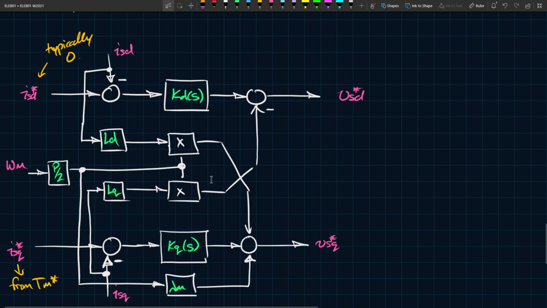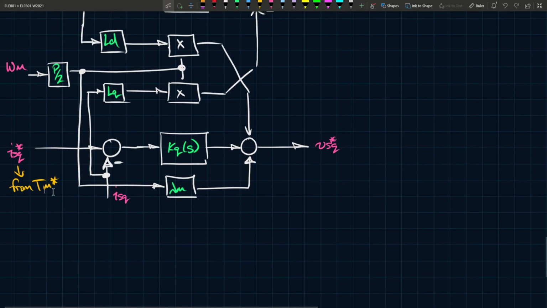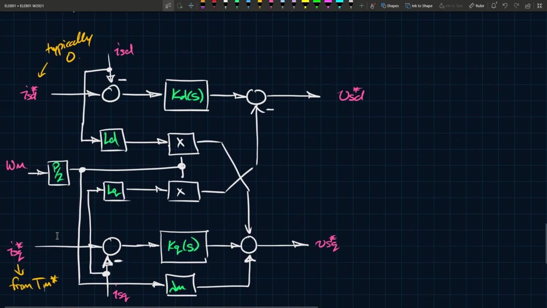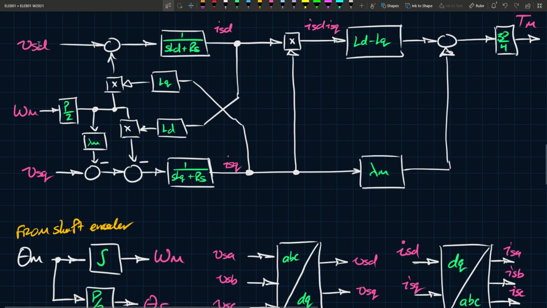You remember we have Tm equals 3p over 4 lambda m ISQ, and so you can convert ISQ to Tm using that equation. Those equations and all those relationships will give you VSD and VSQ references. VSD and VSQ references will come to this here, which will then be passed through the entire model.